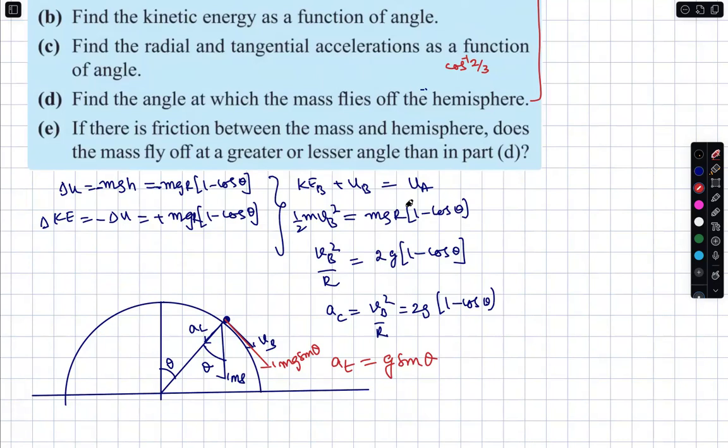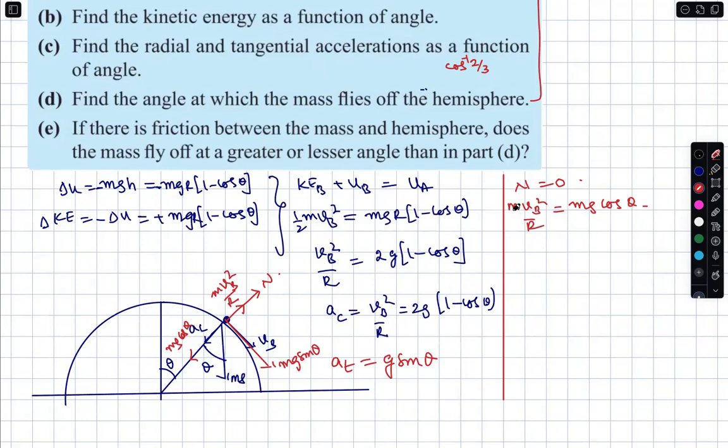Find the angle at which the mass flies off the normal reaction. You want that condition where now here you have normal reaction N, you have centrifugal mv square by R and the mg cos theta component here. Normal reaction 0 means mVB square by R must be mg cos theta.